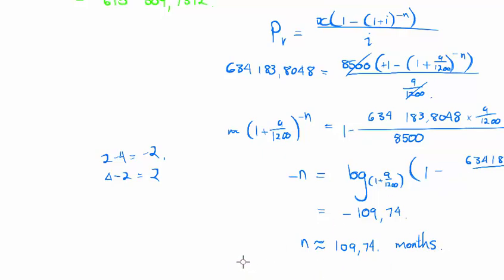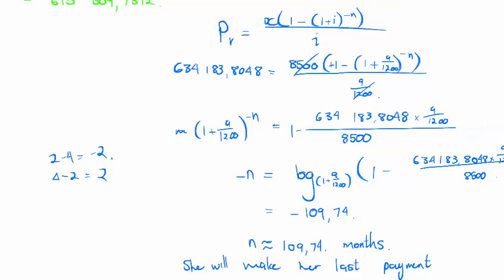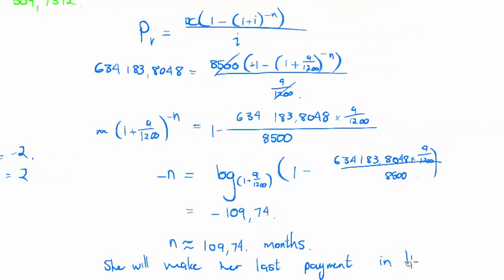But you can say something like she will make her last payment in the 110th month. Okay, you can answer something like that, but this answer up to here should be acceptable.